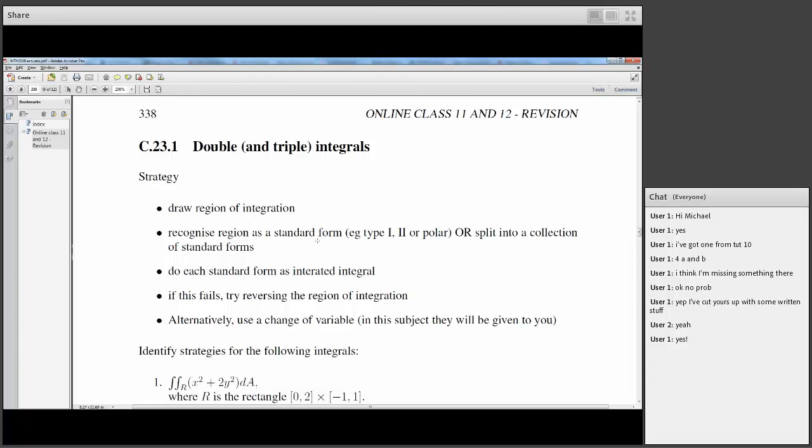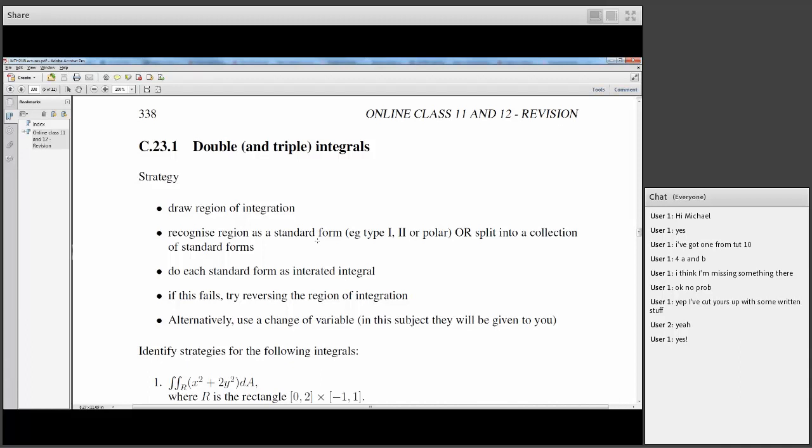Once you've drawn the region of integration, sometimes that tells you what to do. From looking at that, you can say, oh, it's a bit of a circle. That should tell you to do polar coordinates. Otherwise, you might have a type 1 or a type 2 region. Again, that would suggest how to do it as an iterated integral.